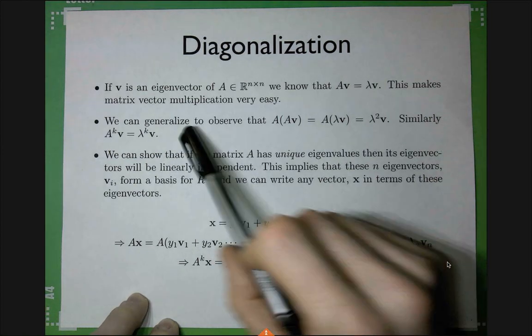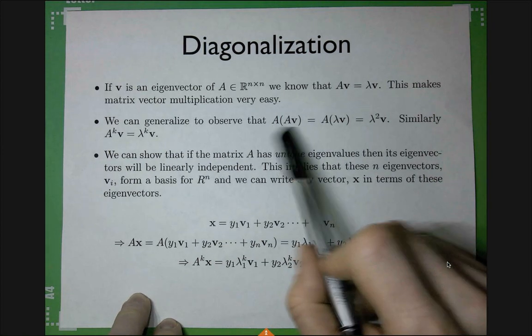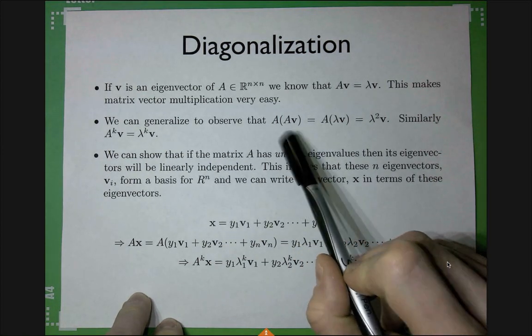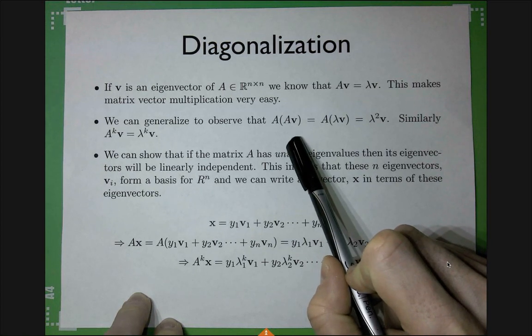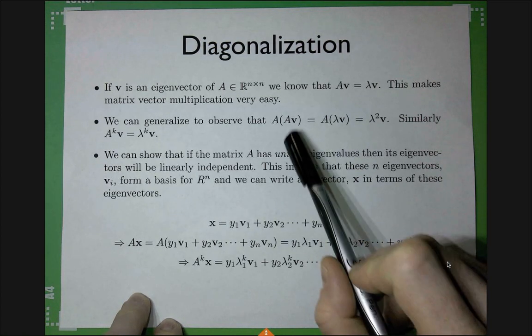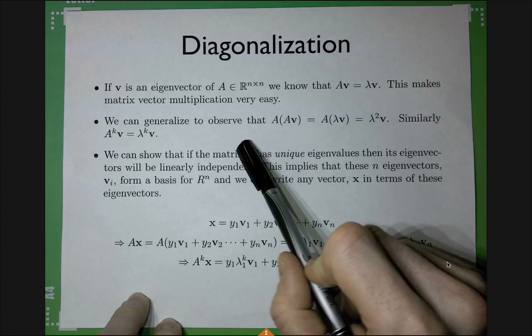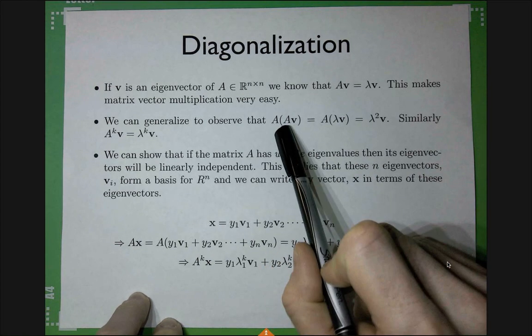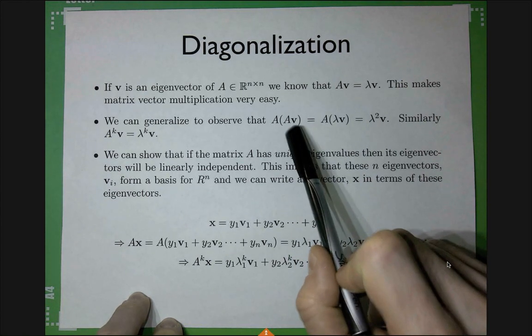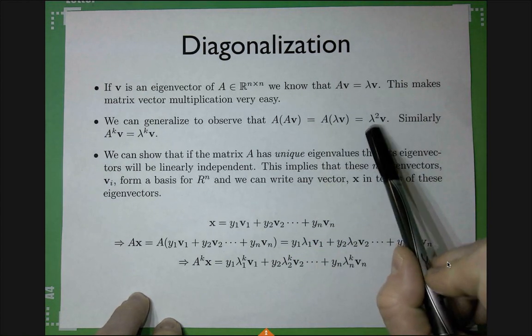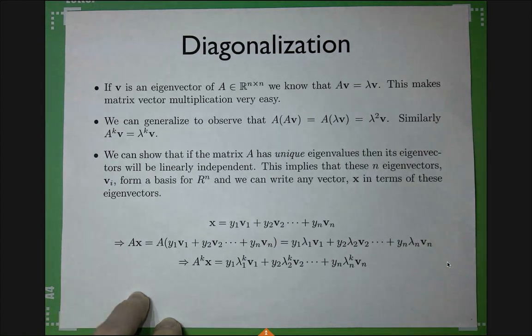And one of the interesting things is that if we repeatedly apply the matrix, and I'll show an example of how this is useful, by one particular application where we will want to do exactly this, when we want to be applying the same matrix over and over again, instead of doing the matrix vector product, in case V is an eigenvector, all you really need to take powers of is the eigenvalue.